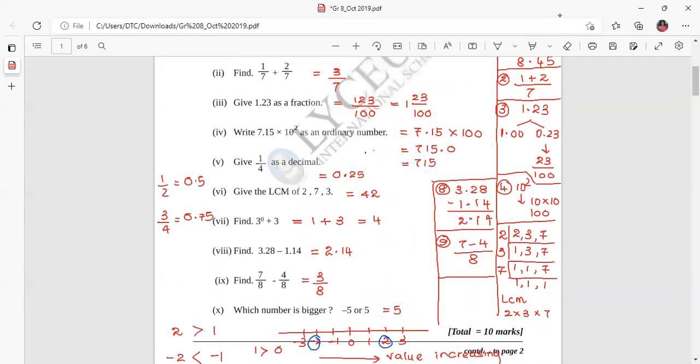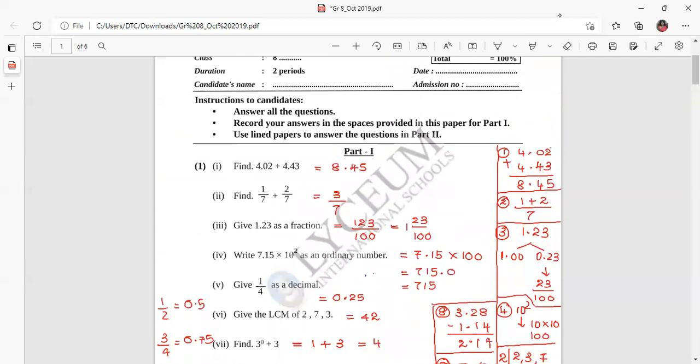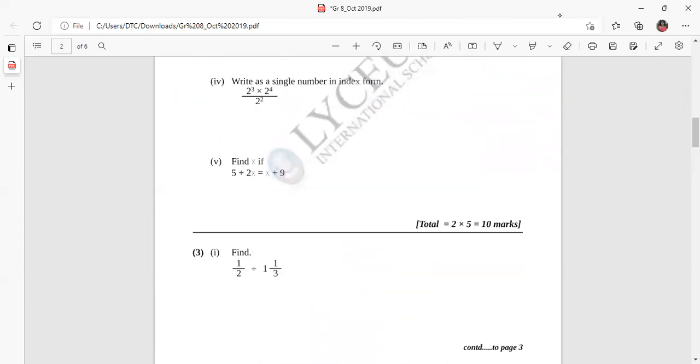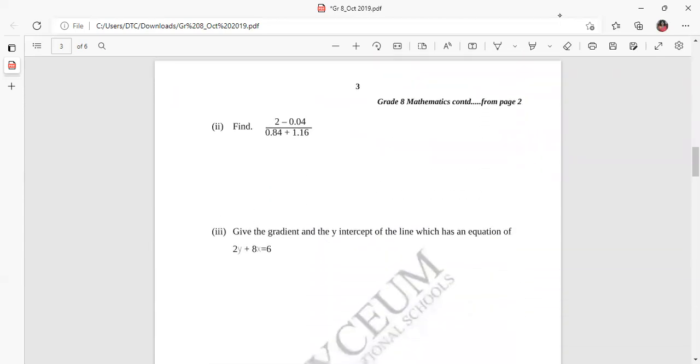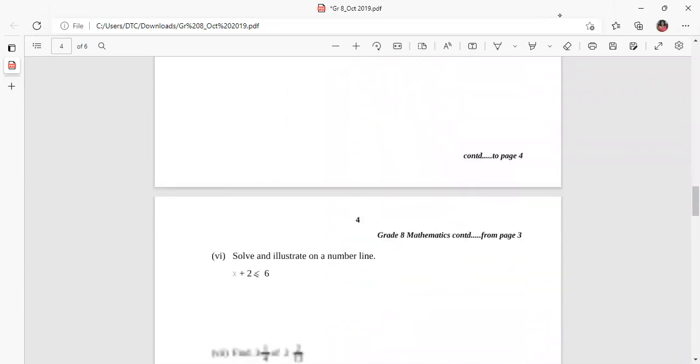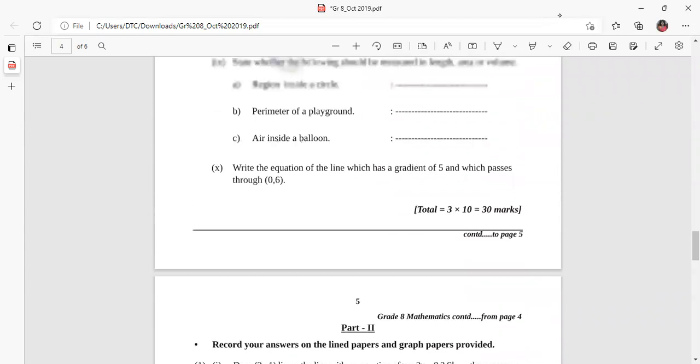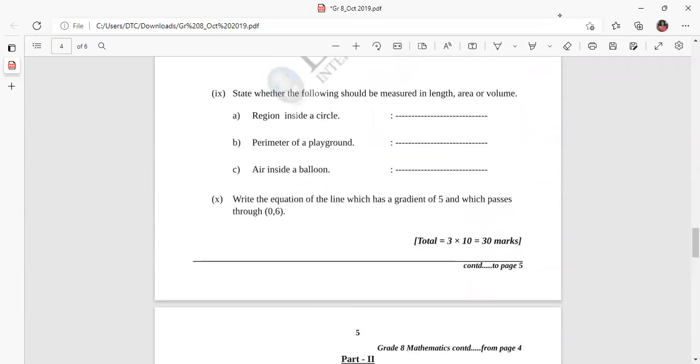Okay, children. So we are done with part 1, question number 1, right? Then if you have not done it, I suggest you complete question number 2 and 3. You want to try these and write the answers.